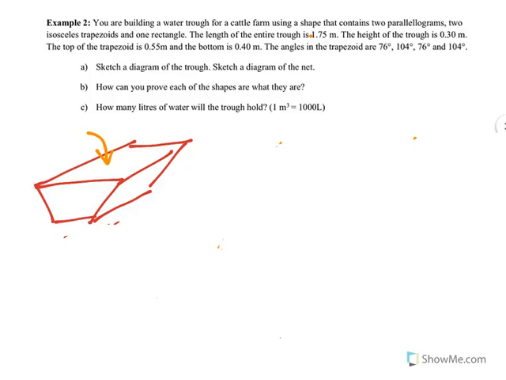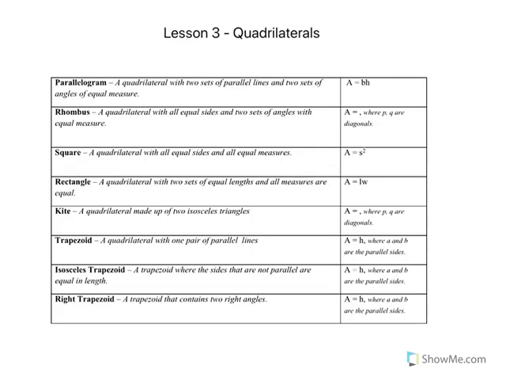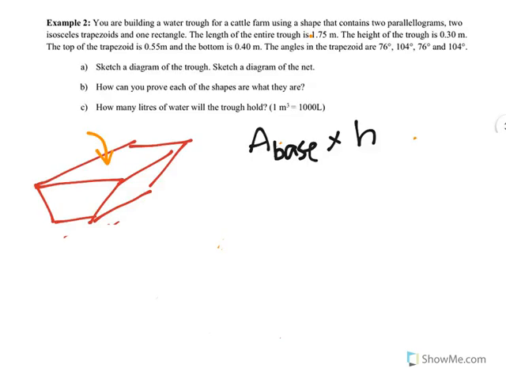Okay, so part B and C is asking us to figure out how many liters the trough will hold. So we're going to do the area of the base times the height. So the area of the base is the area of a trapezoid. And if you're unsure on what that formula was, you should be able to look at the front.